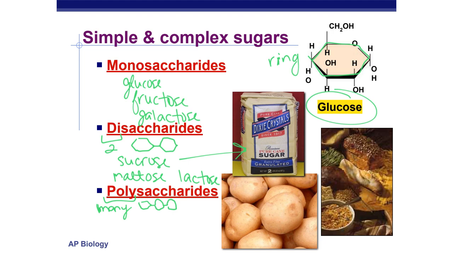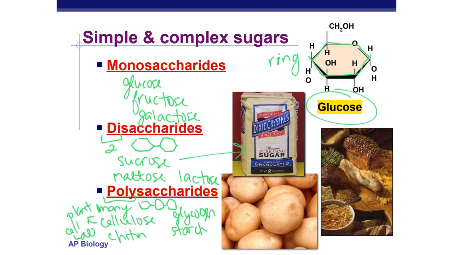Some examples here would be cellulose, chitin, glycogen, and starch. These polysaccharides are the ones that can be more helpful in structure as well as storage. So cellulose is what we see in the plant cell wall.